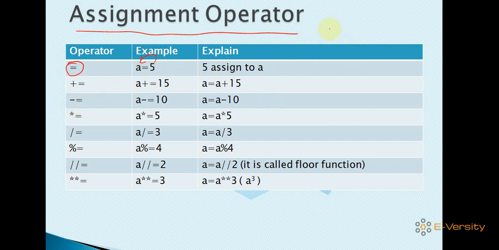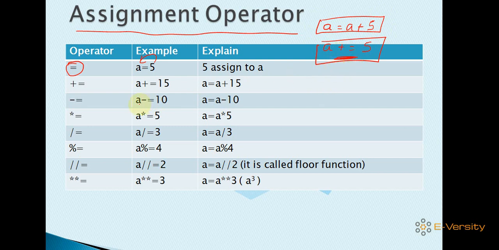Same thing, if you are writing a = a + 5, you can write a += 5. This is the shortest way to write the entire equation by using the assignment operator. So by using this assignment operator, we can write the short form in this way.